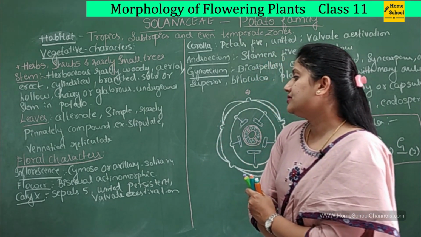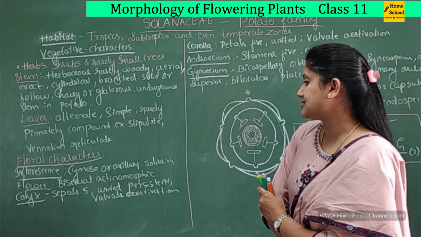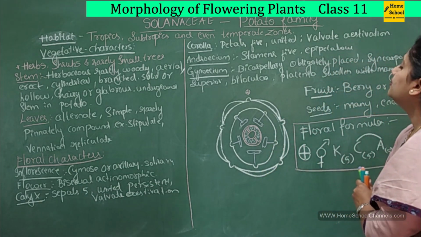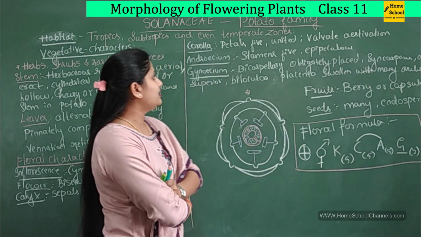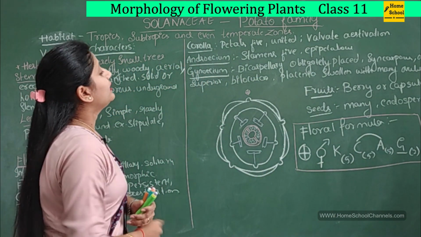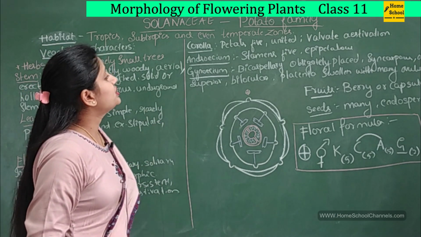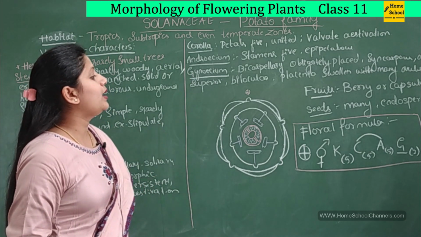Calyx, the members are sepals, and there are 5 sepals which are united, persistent, and they show valvate estivation. Then about the corolla, here the petals are 5 and they are united and they also show valvate estivation. Androecium, there are totally 5 stamens and they are epipetalous.